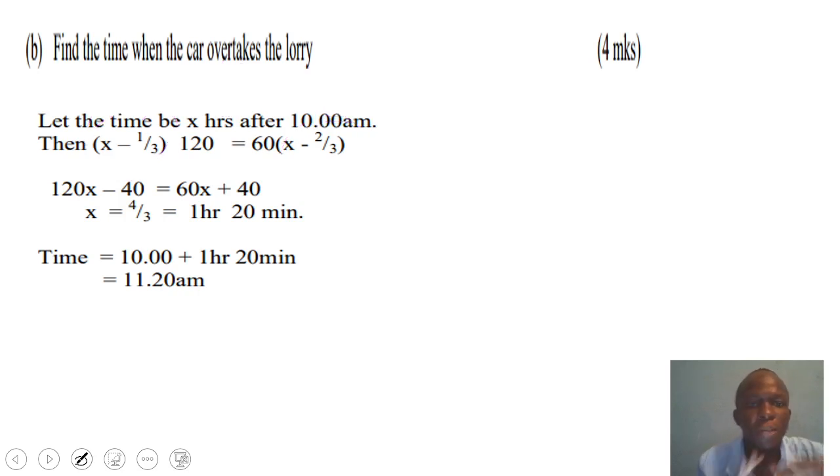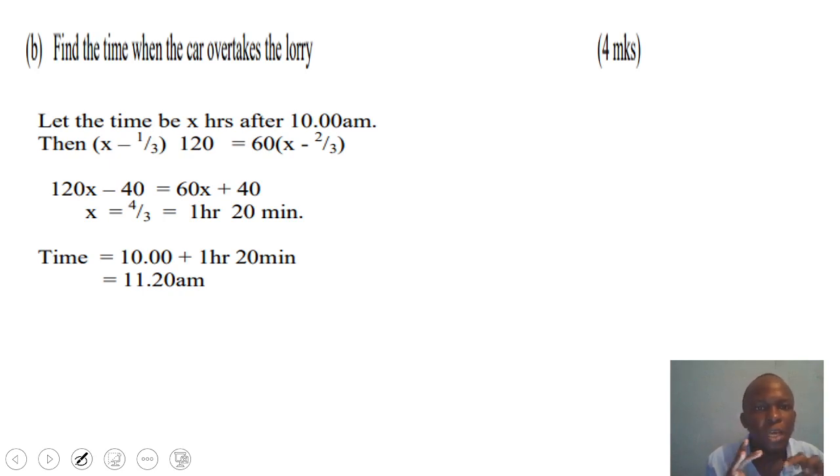What is x? x is the time in hours after 10 a.m. And then we know that the two bodies will be in motion, and one will overtake the other. So x minus 1 over 3 is the overtaking time of the car, and x minus 2 over 3 is the overtaking time of the lorry.